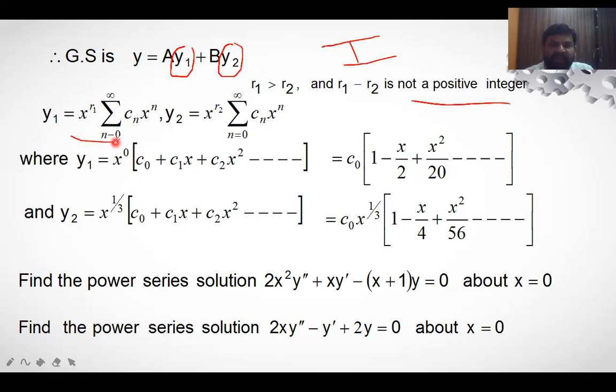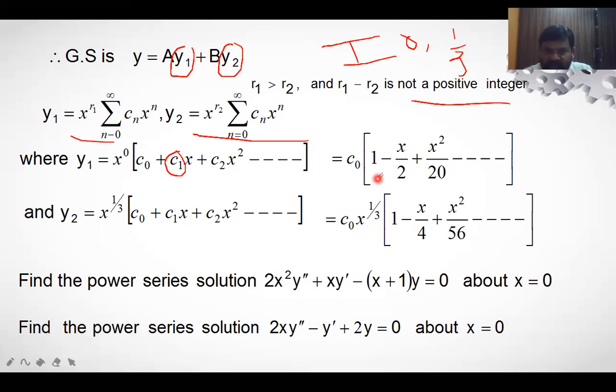So therefore y1 equal to, since the roots are r1 equal to 0 and r2 equal to 1 by 3, substitute in this x raised to r1, whose value is 0, so expand this as c0 plus c1x plus c2x square and so on. Rewrite this c1 in terms of c0, and c2 is also in terms of c0, and take out that c0 common, x raised to 0 is 1, and we will get this.